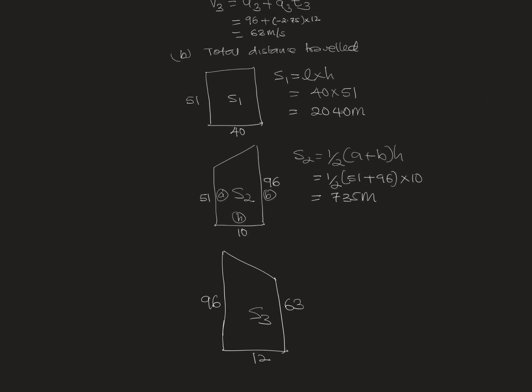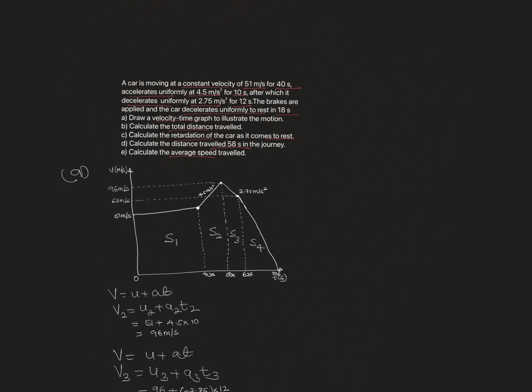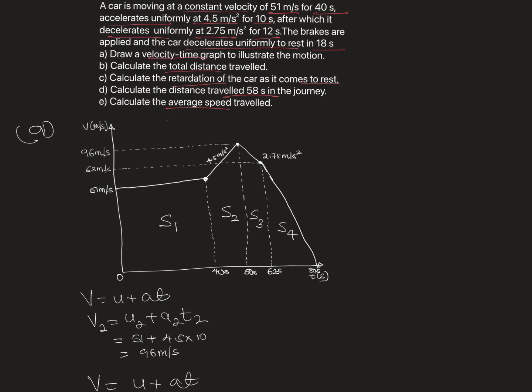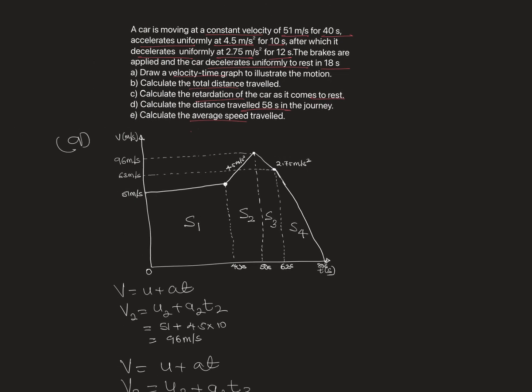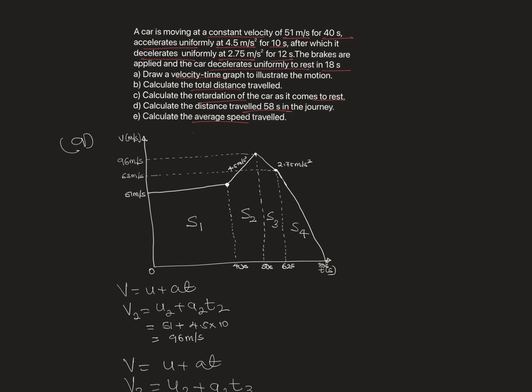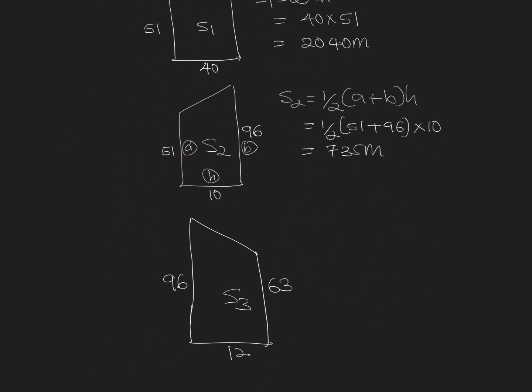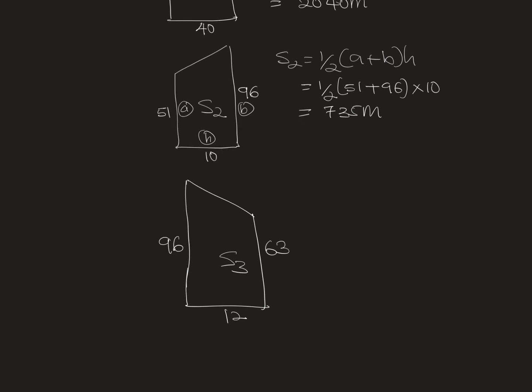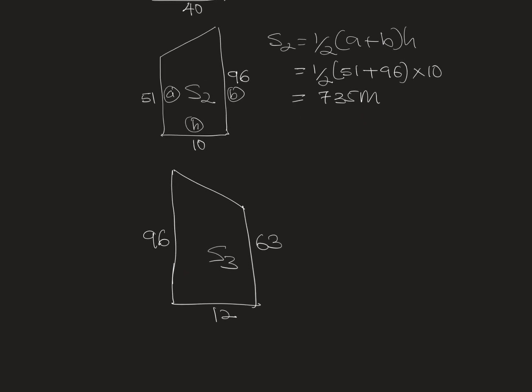The shape, let me make a quick review: 96, 63, and 12. Because it looks like a trapezium also, S3 is equal to half (A plus B) H.